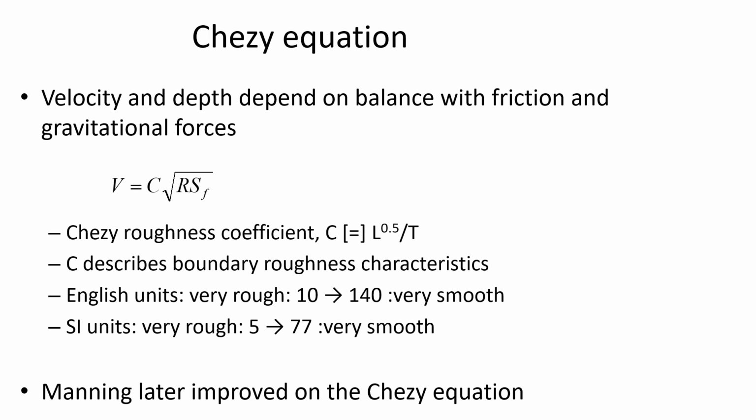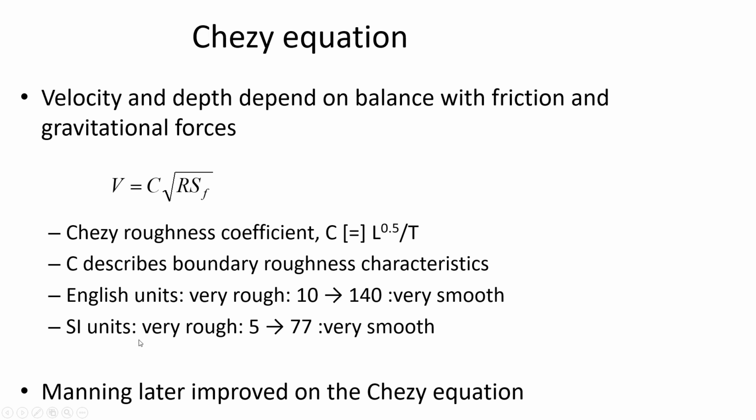So one of the earliest formulas for trying to estimate the effect of shear stress and energy losses due to friction was the Chezy equation. This isn't a history class, but it is still informative for us to know a bit about the Chezy equation because its progeny, the equation that came after, is very closely related to it. There's an improved version that we're going to continue to use today called the Manning equation.